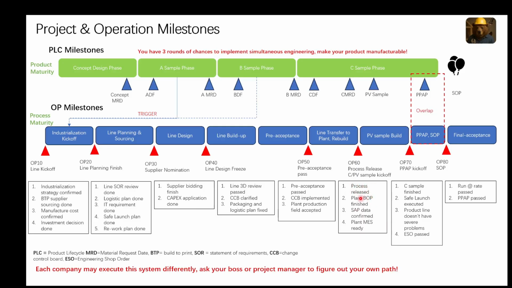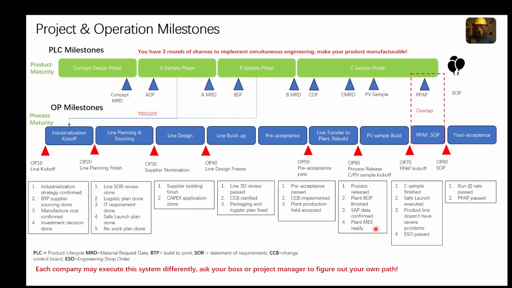Yeah, and the plant BOP must be finished. I will explain the BOP in the future. And SAP data, of course, that's the plant IT's work, and the plant mass is ready. And this is also very important, the mass part.